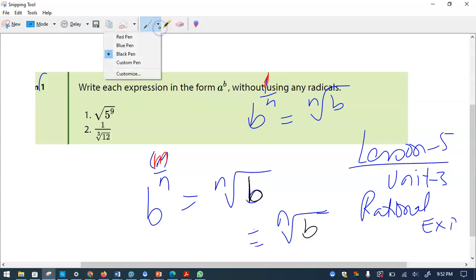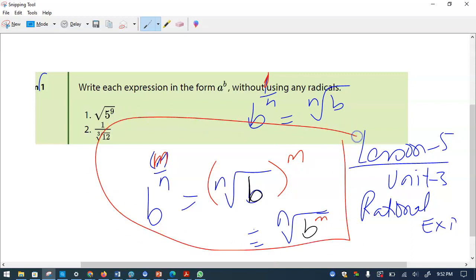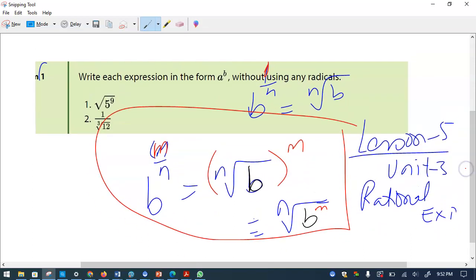The m can be written as either going outside or inside. That's all it means. This could be for any m and n integers. Of course, n cannot be 0.